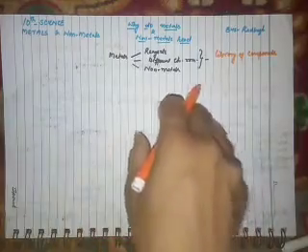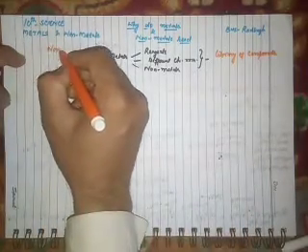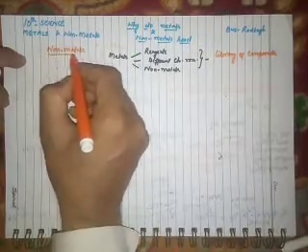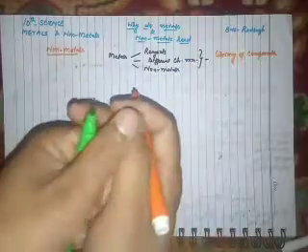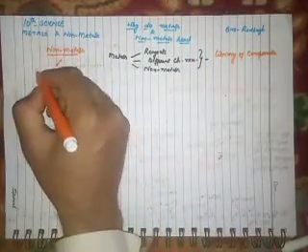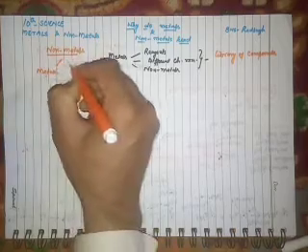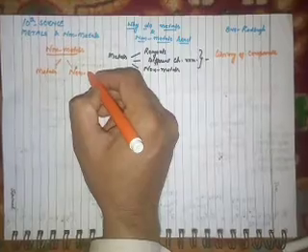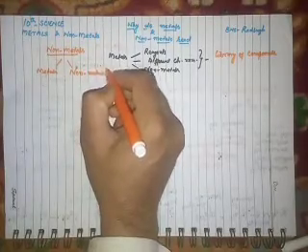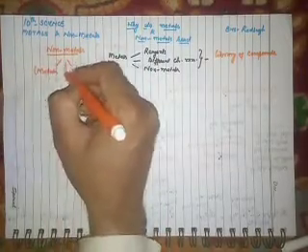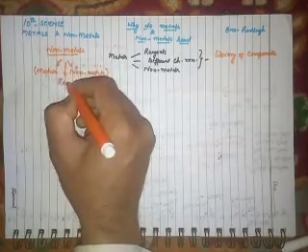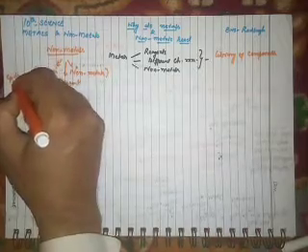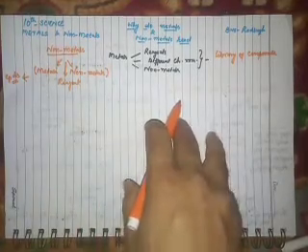Dear students, in a similar way, non-metals also react with other metals, and non-metals also react with certain non-metals and with different reagents, and again a library of compounds is formed.